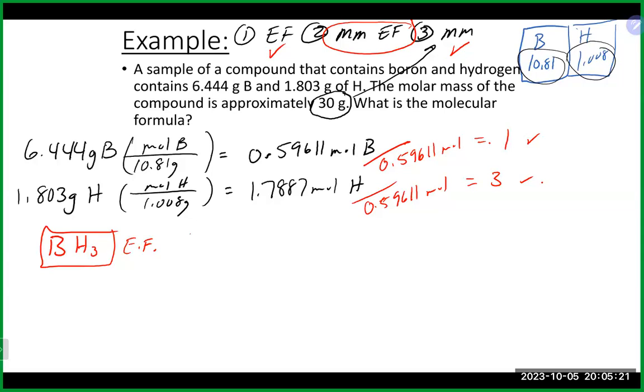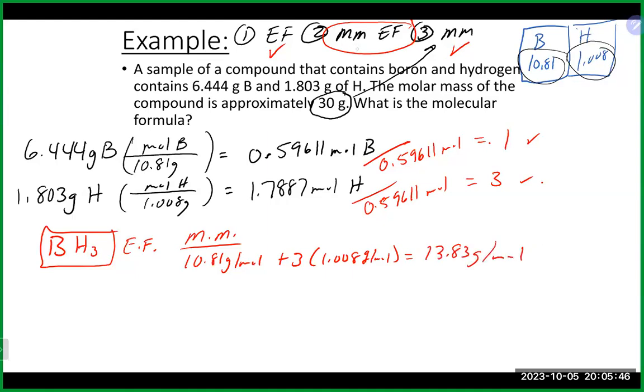The molar mass of this would be 10.81 for our boron, plus 3 times our hydrogen. That gives us an approximate molar mass for our empirical formula of, we'll call it, 13.83 grams per mole.